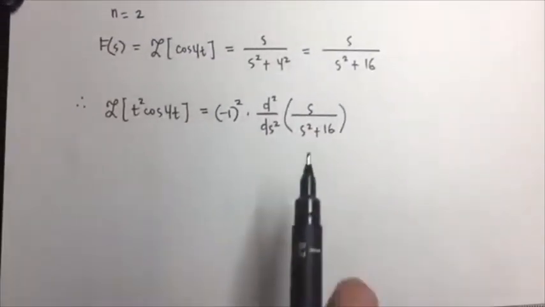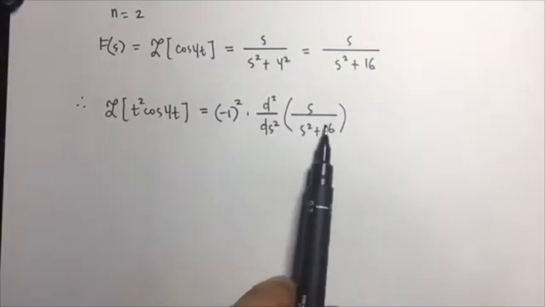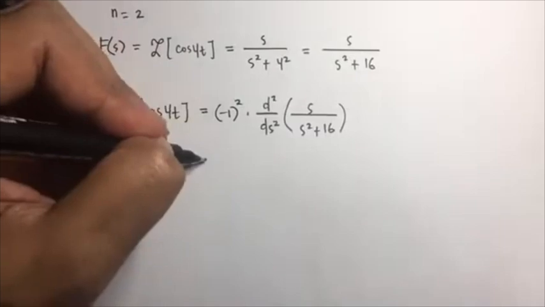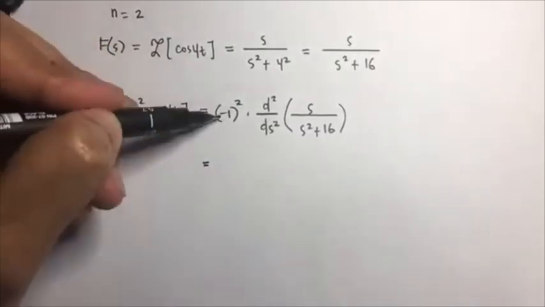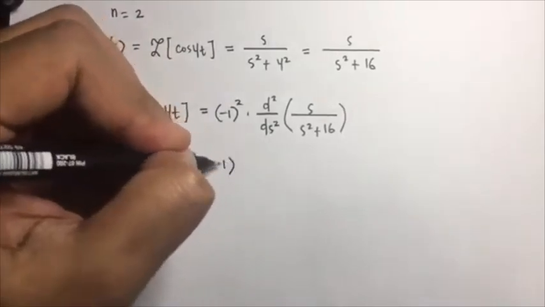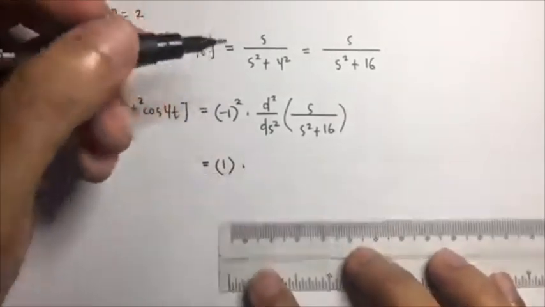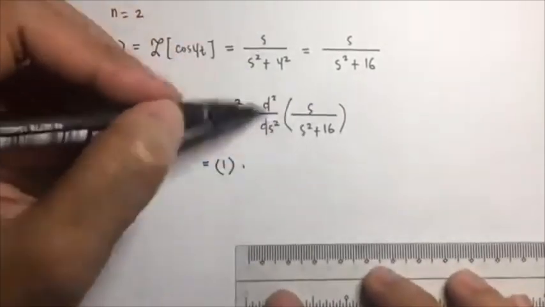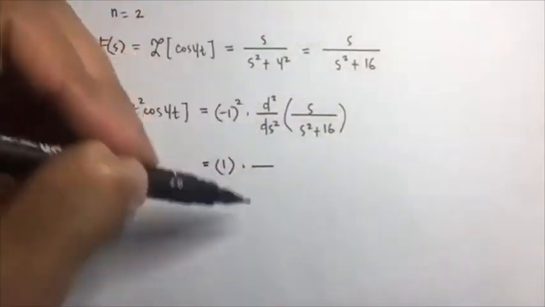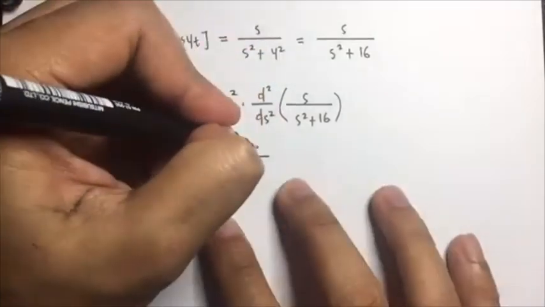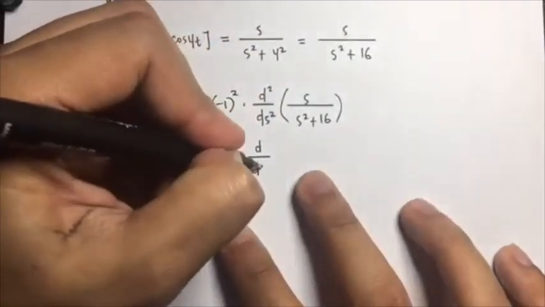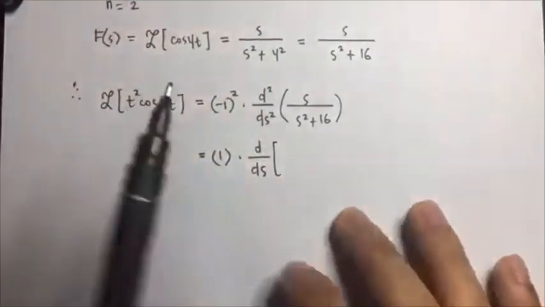So we have to differentiate s over s squared plus 16 twice. Simplifying first, negative 1 squared is 1, multiplied by the first derivative, d over ds of this.